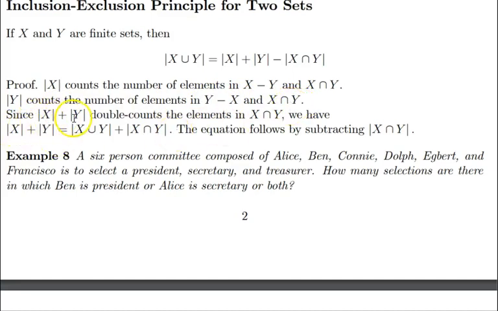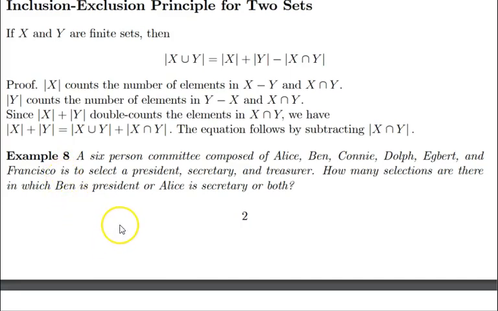So the sum will double count the elements in the intersection. So we have that this sum is the cardinality of the union plus the cardinality of the intersection. From this equality, we obtain the equality in the beginning simply by subtracting this number, the cardinality of the intersection, from both sides of the equality.